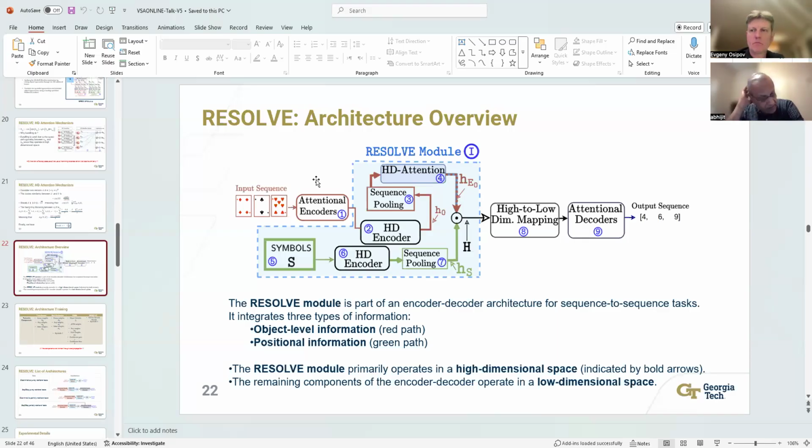So there's one symbol per object? Yes. The number of symbols is the same as the number of objects. For example, if you're training with 10 cards, then there are 10 symbols. So does that mean you have to know the number of objects before the task? Yes. In a language case, that would be your vocabulary then? That's right. Okay, makes sense. Except the only thing here is that the symbols themselves are trainable.